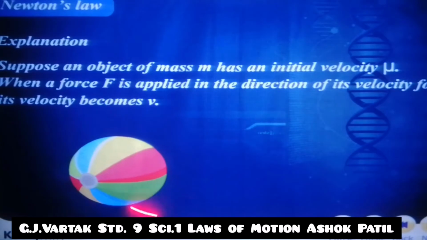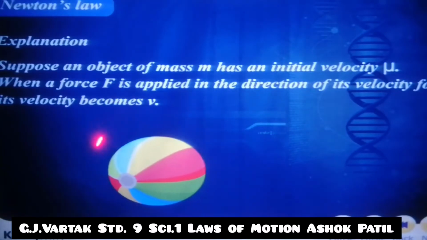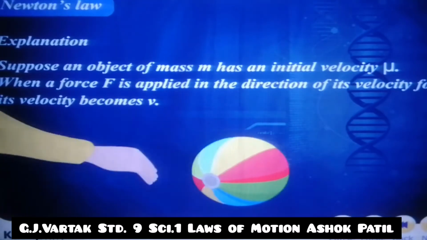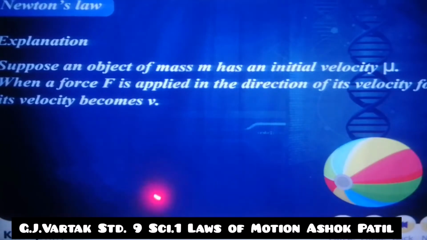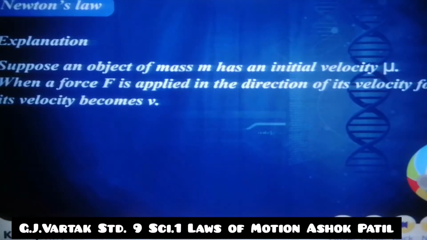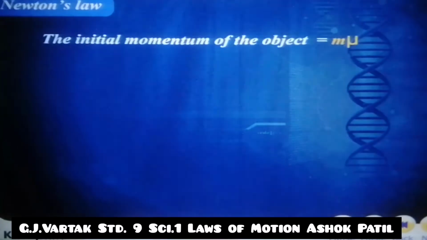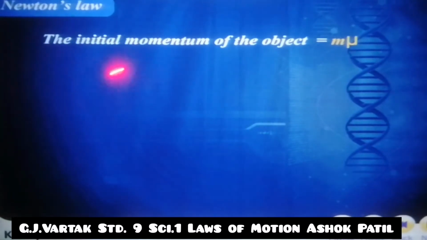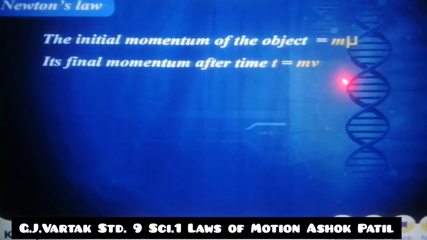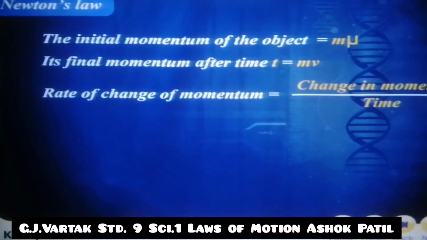Look at this picture: one person pushes the ball and you see the speed of the ball increases. The initial momentum of the object is m into u, and its final momentum after time t is m into v.